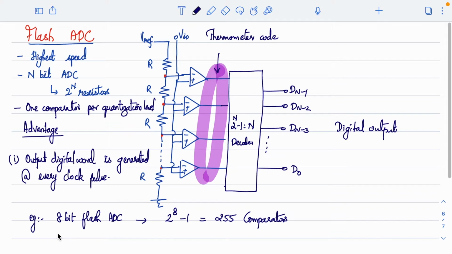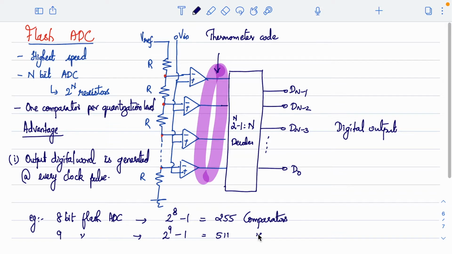Similarly, if you keep on increasing this, if this is a 9-bit flash ADC, then the requirement is 2 to the power of 9 minus 1, which is another 511 comparators. But it is not a joke, right? Including many comparators together onto an integrated circuit is actually a challenge in terms of area and in terms of power.